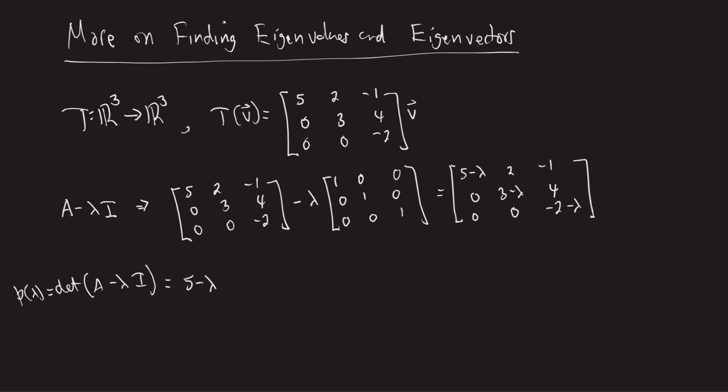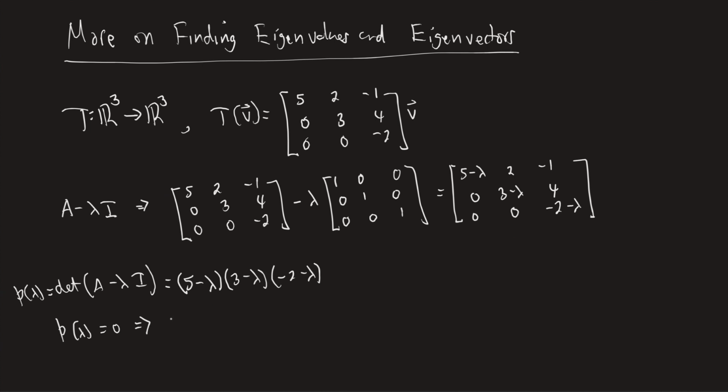So you'll have 5 minus lambda, and then 3 minus lambda, and then -2 minus lambda. And look at that, it is a polynomial of third degree, but it's in factored form, which we love, because if we set our polynomial equal to 0 to find its roots, we're basically finding the root of each of the factors.